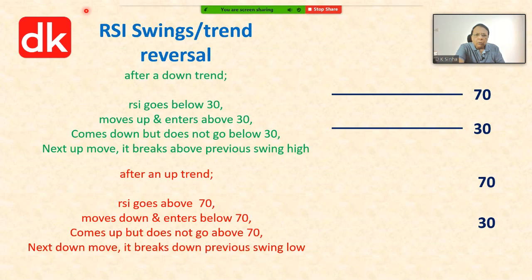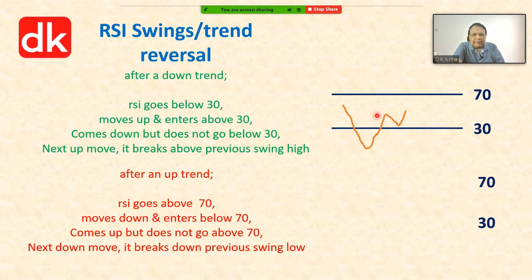Now you check what happens in a particular condition when the market, after a downtrending move, was falling and then such a formation will happen. RSI was falling, it goes below 70 and 30, it goes to 30, then takes a start, makes a recovery, but this time the RSI does not go below 30.